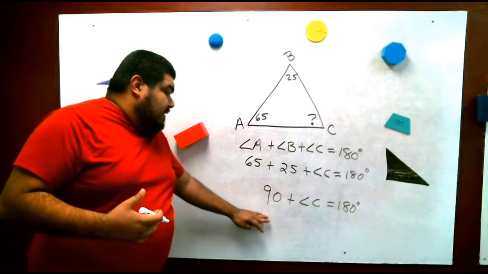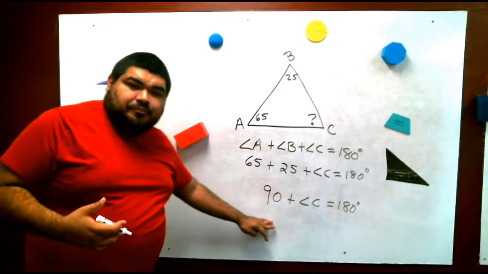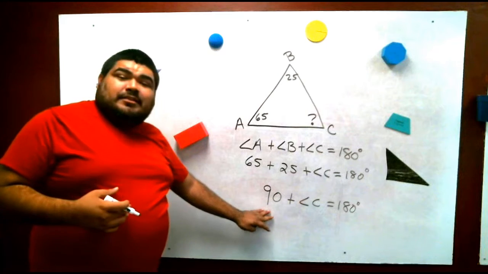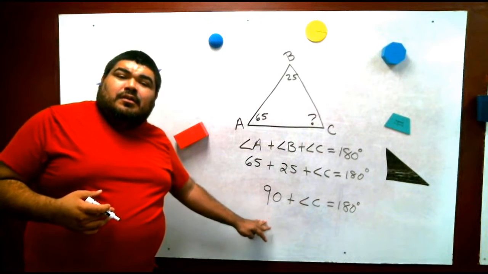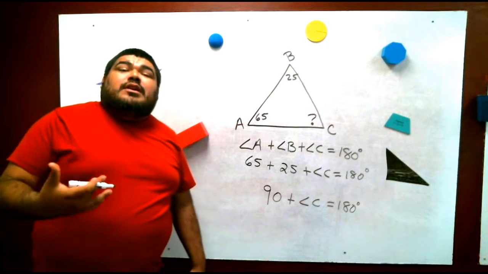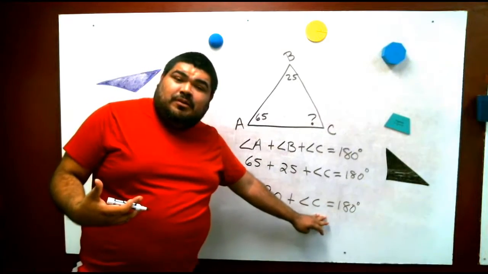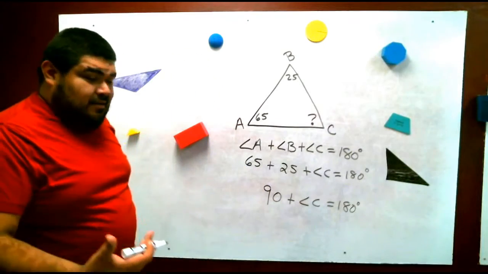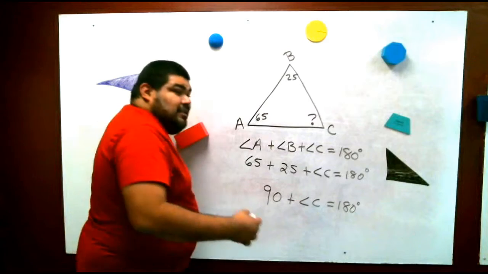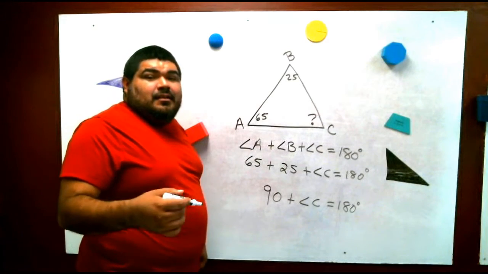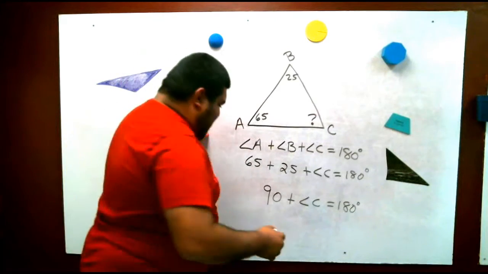Now that we have that, we know that we have to get rid of the 90. In order to get rid of the 90 and leave C alone, we have to move it to the other side. So the opposite of positive 90 is negative 90, right?